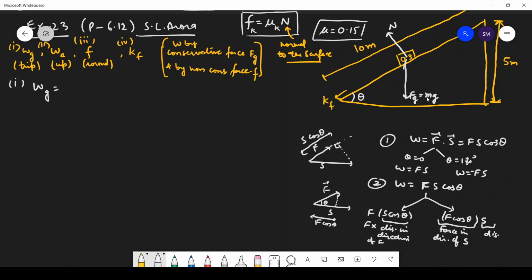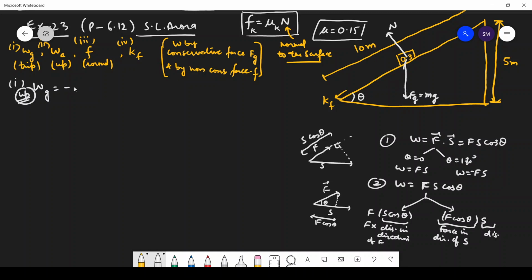That is mg. And where is the displacement in the up trip? So it's the whole trip. I'm first calculating for the upward journey and then for the downward. So for the upward journey, what will be the angle? Upward journey means up, and this is downward. So work done will be negative, right?